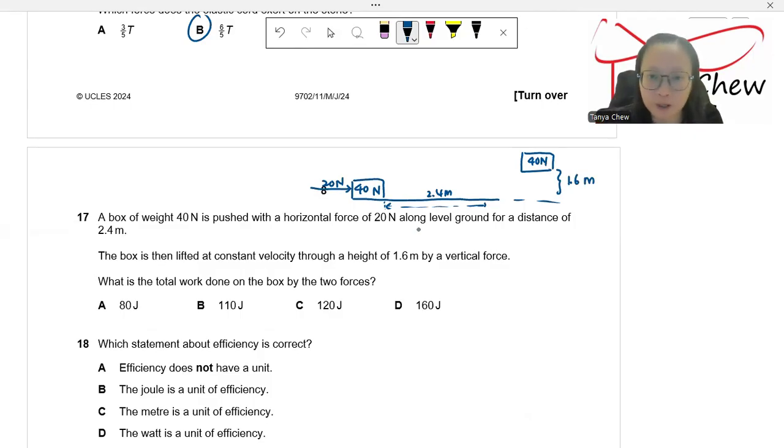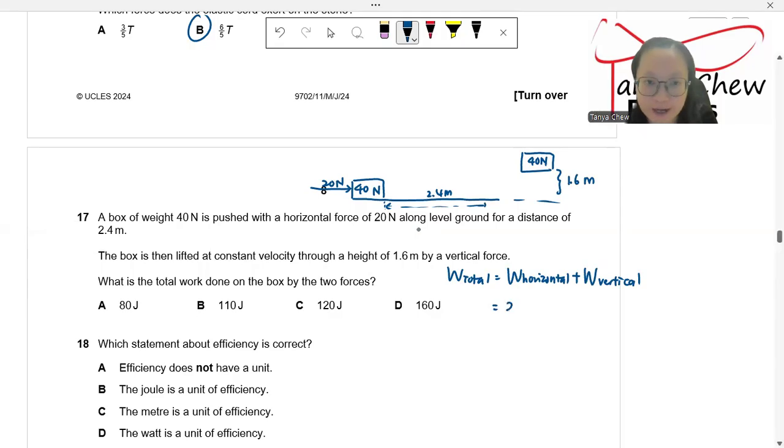The total work is equal to the work done to move the box horizontally plus the work done to move the box vertically. For the horizontal work, you take the force pushing the box times the distance, because work is force times distance moved in the direction of the force.